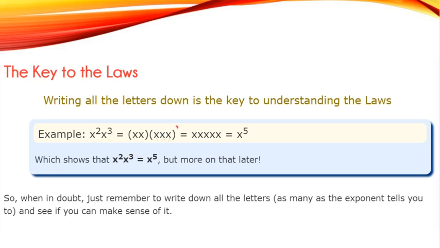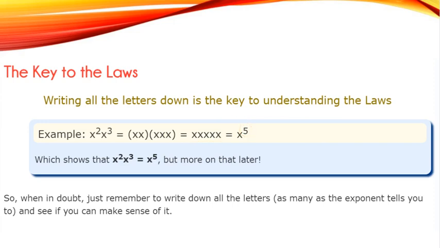So in total you have multiplied x how many times? 1, 2, 3, 4, 5. So you write down separately x 1, 2, 3, 4 and 5. That means x to the power 5. Whenever you get confused, first write down all the letters individually, multiply them, and then count the number of the powers.